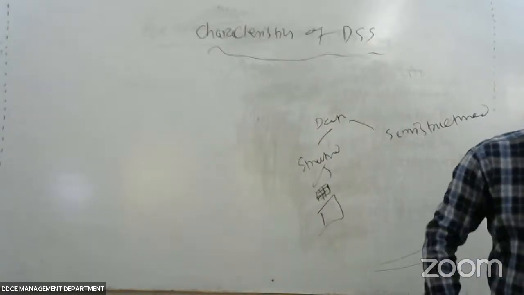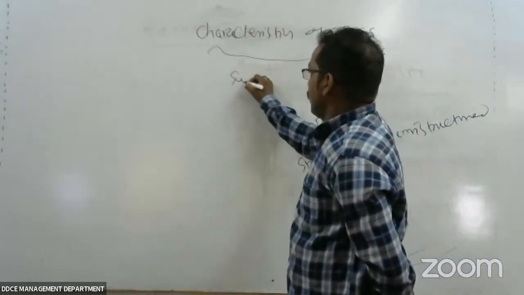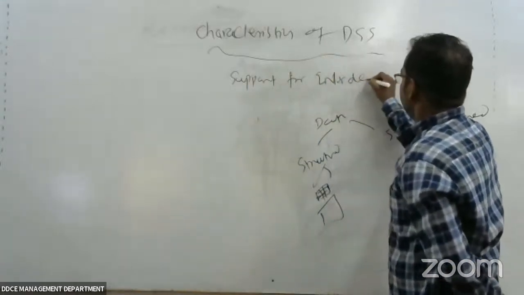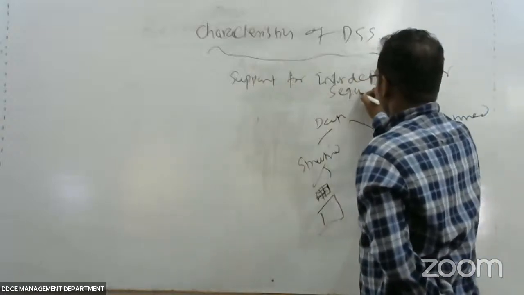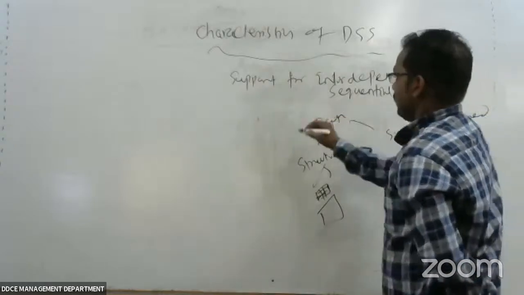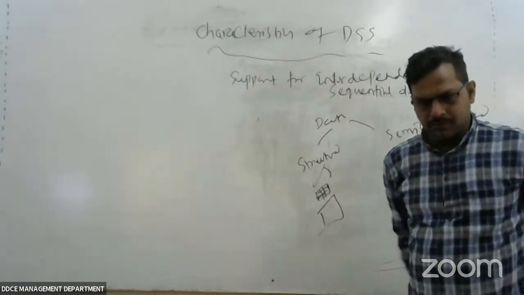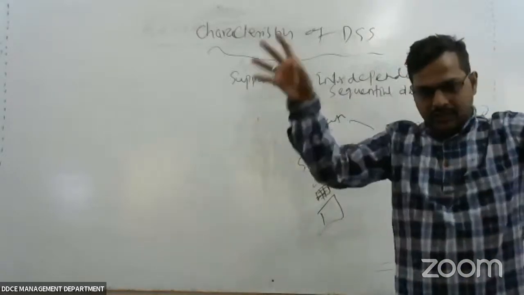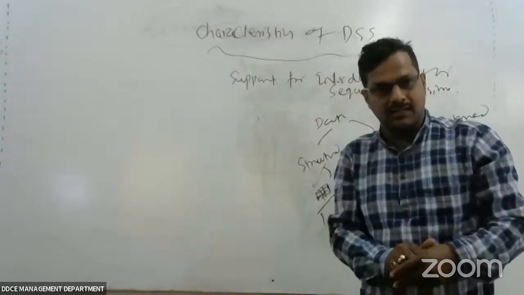Next is support for interdependent or sequential decisions. Support for sequential decisions. Interdependent, as I have already told, because the organization works with different branches or different specialized areas.